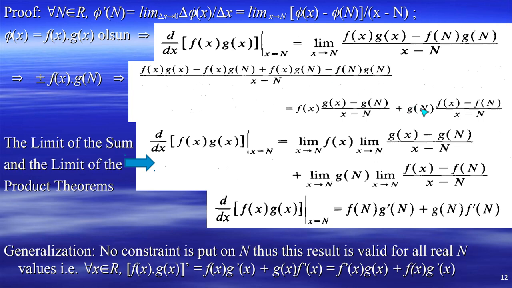I take g of n as a factor, and I obtain g of n times f of x minus f of n over x minus n. Great. So this is the transformed form of this rate of change.